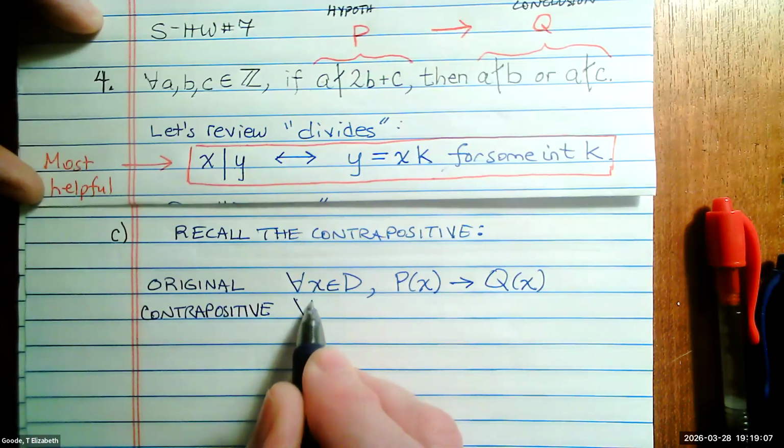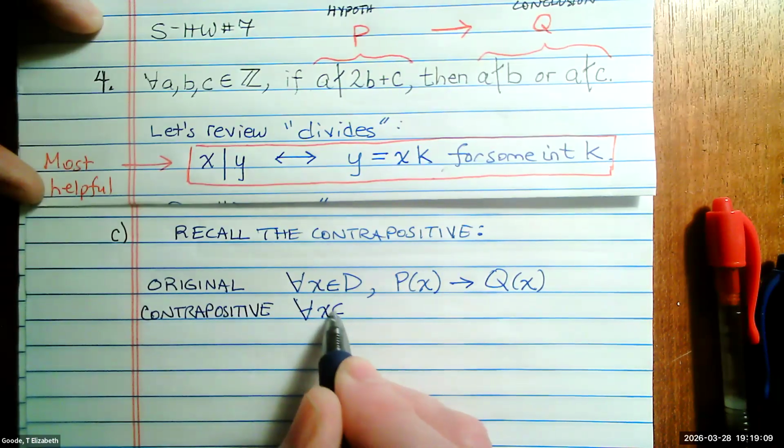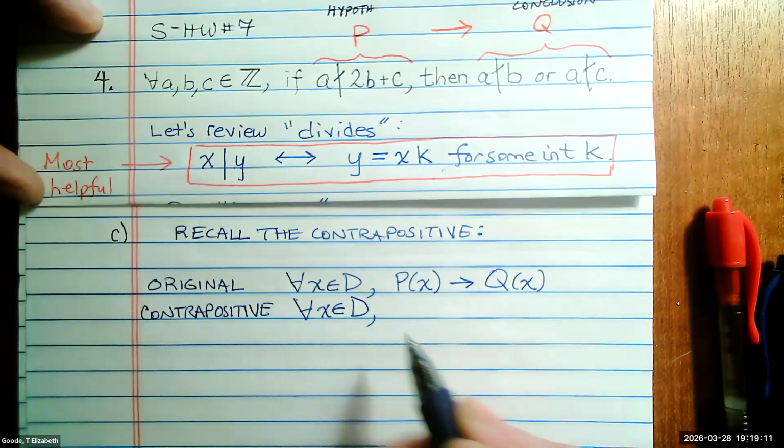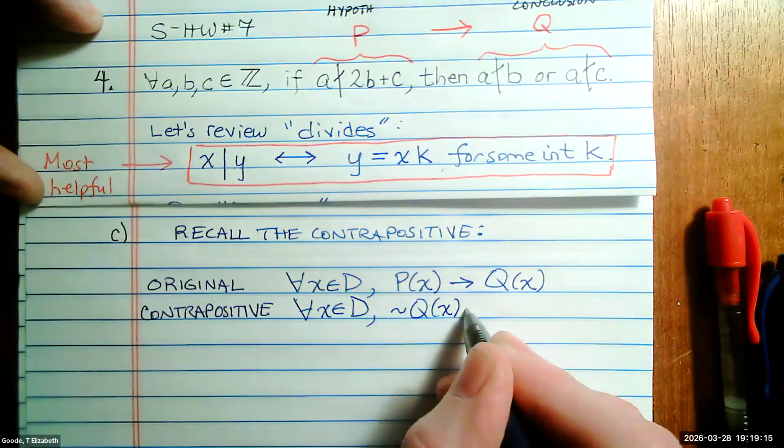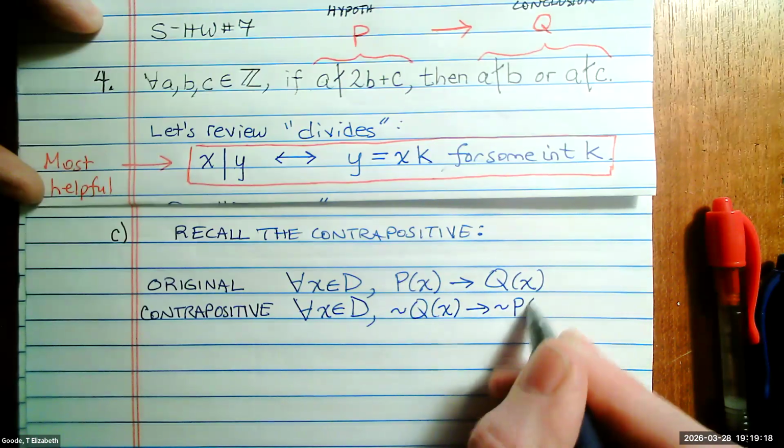It's an if-then, so it's a for all x in D. We don't change the domain. If not Q of x, then not P of x.